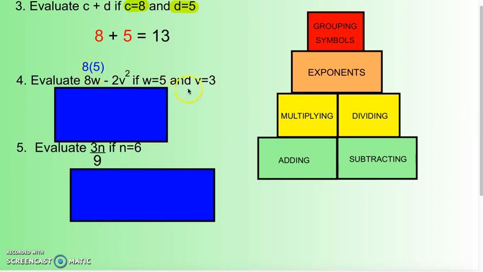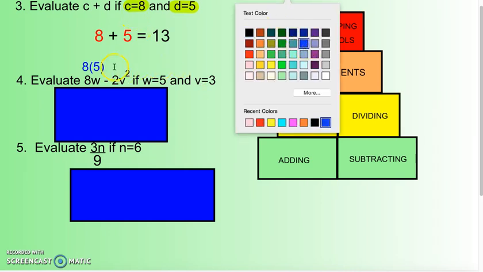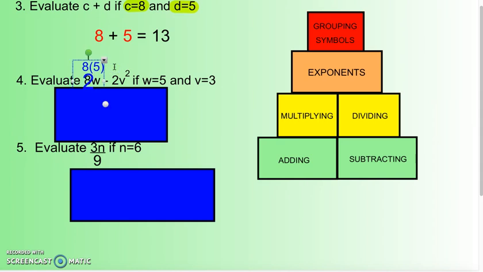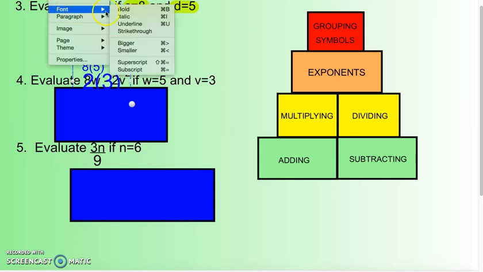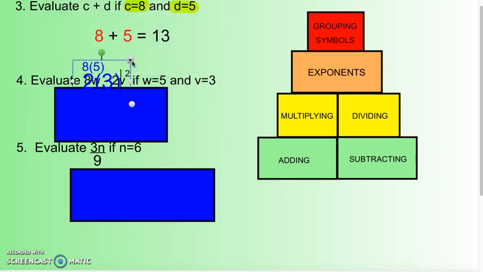Okay, how about V? If I put in 3 for V, I'm going to put parentheses around 3 again. But the difference is that this 3 also has a little exponent.